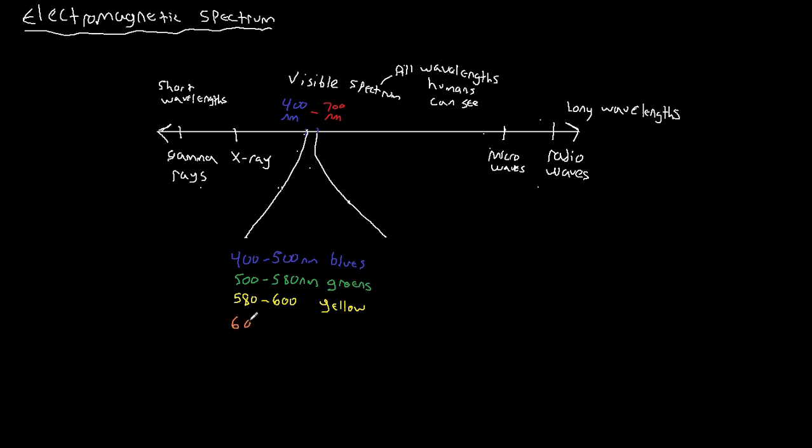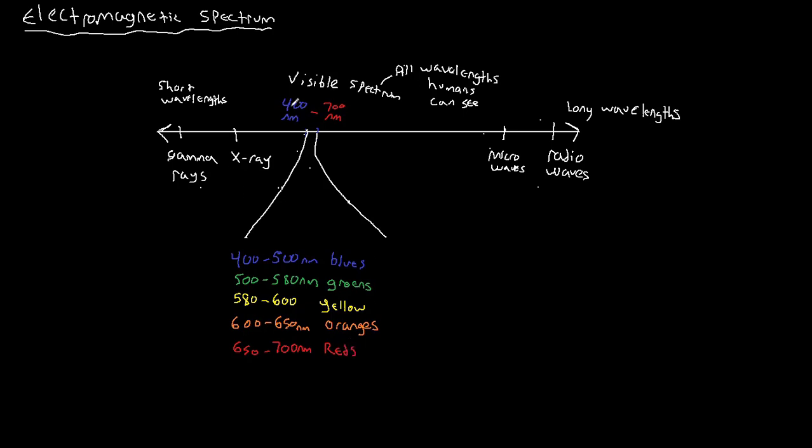From 600 to about 650 nanometers. These would be your oranges. And then finally, from 650 to about 700, these would be your reds.